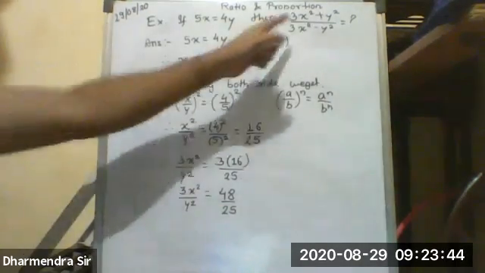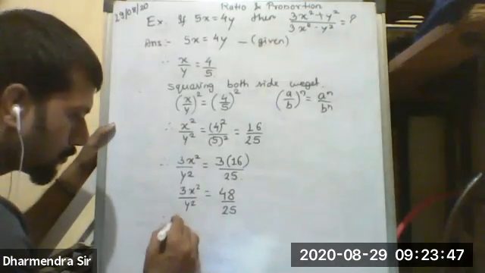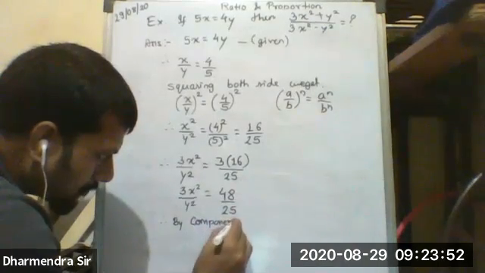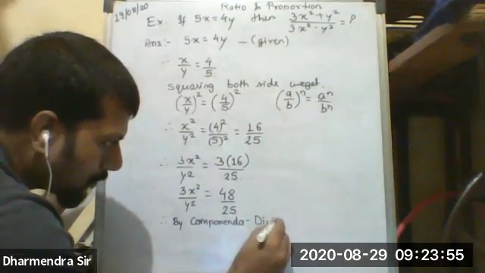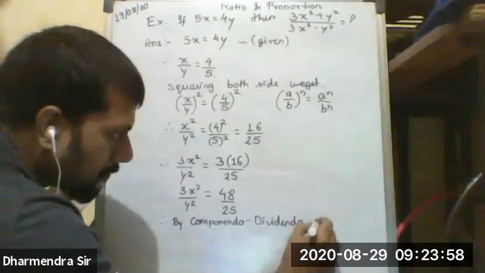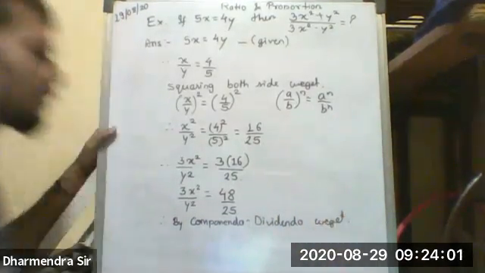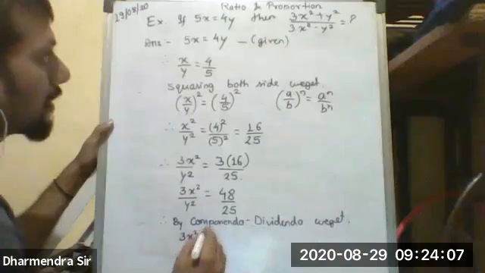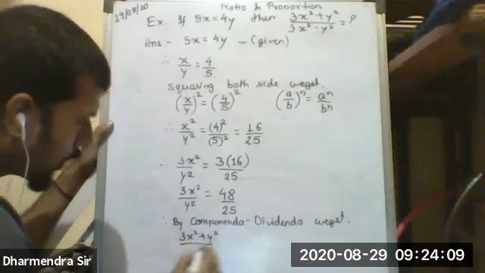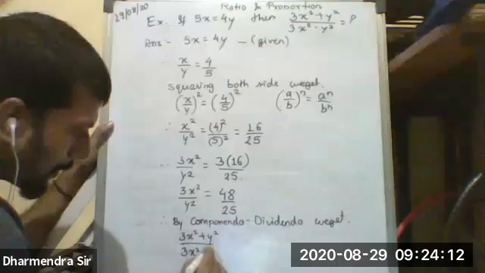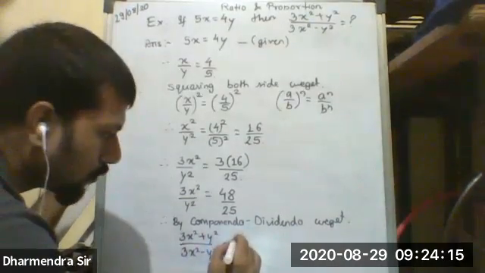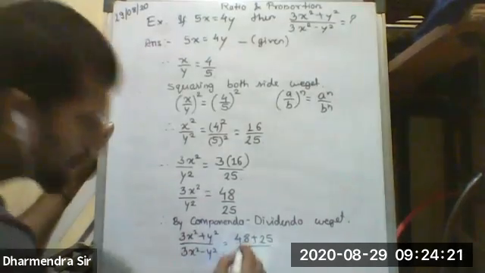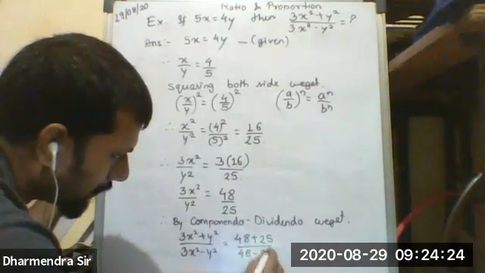Now what? The case of componendo and dividendo. Therefore, by componendo dividendo, what we get? We get 3x square plus y square upon 3x square minus y square is equal to 48 plus 25 upon 48 minus 25.